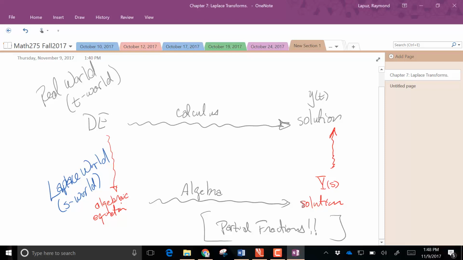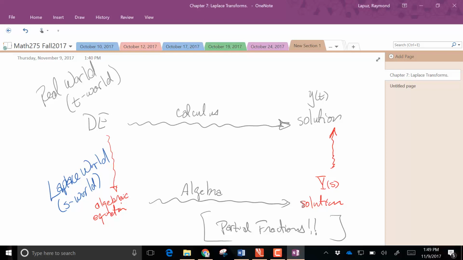One of the big things you're going to need to know here is partial fractions. I don't know if your calculus teacher told you, but partial fractions is just algebra. There really just wasn't a reason to teach you this in college algebra.